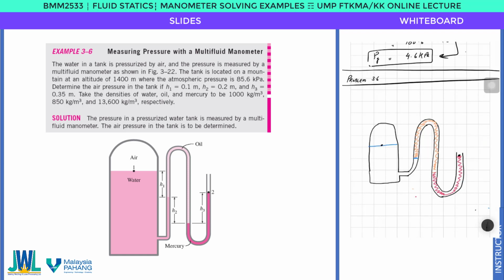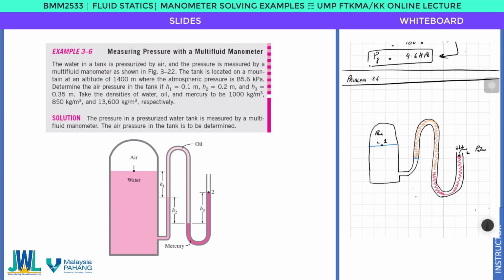So this is point 1, P1, and this is point 2, P2. They say point 1 is the air pressure, so this is P air, and at P2 the atmospheric pressure is acting here.